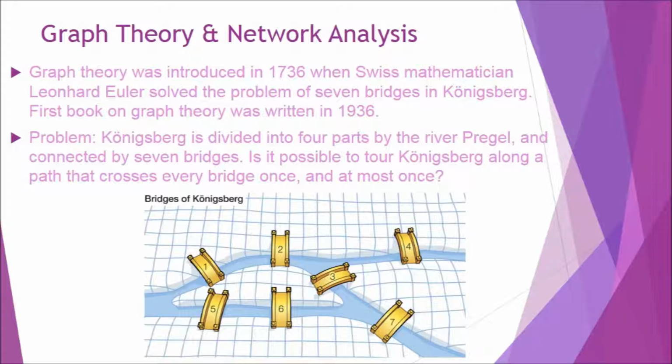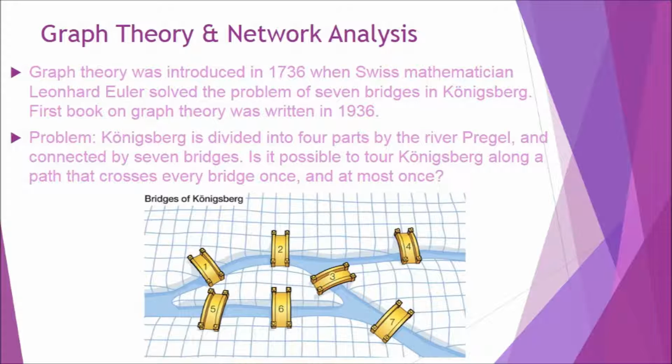So this top section here would be A, the bottom would be B, the bottom part would be C, and then there would be D on the right. So A, B, C, D sections, and then 7 bridges. So what you're trying to see is, can you tour the entire city by crossing all the bridges exactly once?